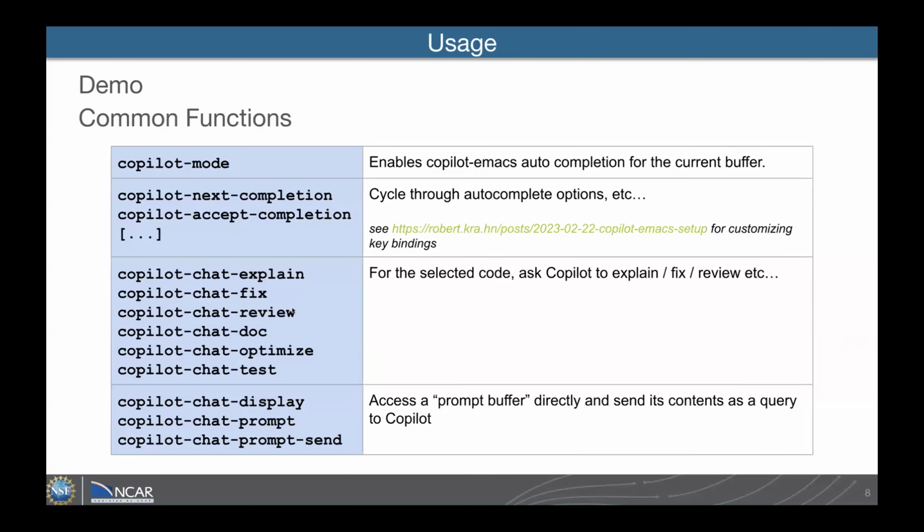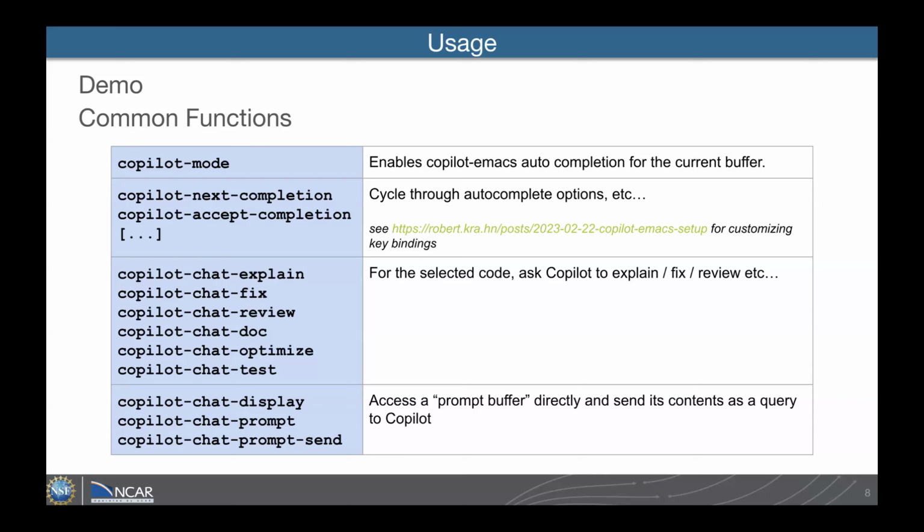Once we have it up, I'll show a demo here in just a second of one use case, but you do get a number of common functions. Most of these shadow what we've seen in the Vim context. Copilot mode will turn things on within a buffer. You can cycle through the completions very much as was shown in the Vim example. Those are native commands that get introduced by the Copilot mode plugin.